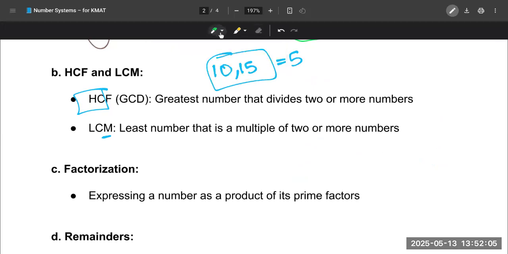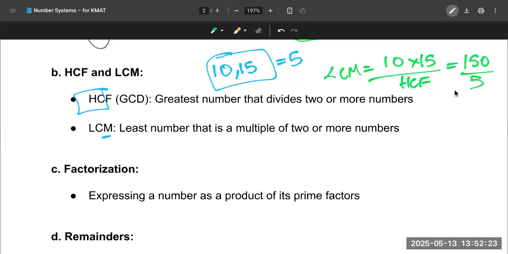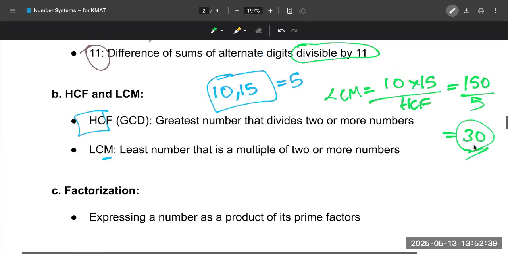Least number that is a multiple of both. If you multiply 10 and 15 and divide by HCF, you will get the LCM. So 30 is the least common multiple of 10 and 15.